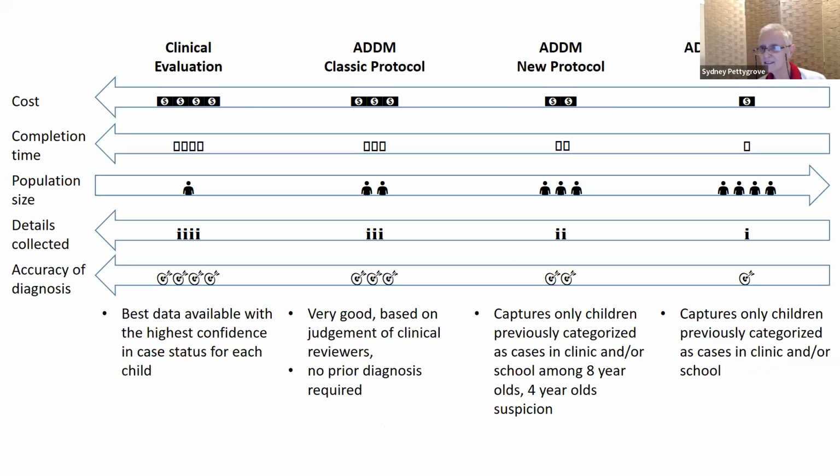So this got me started thinking about the different ways we could proceed with trying to come up with these estimates. And so I put together this graphic. The clinical evaluation has some things going for it, but it has some things that are a knock against it as well. To sample a population of children and bring some of them in for evaluation would be the most expensive way to proceed.